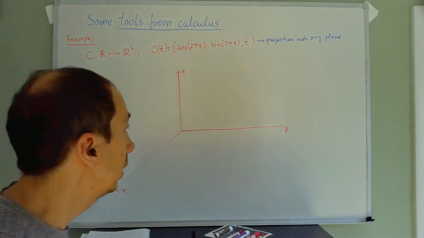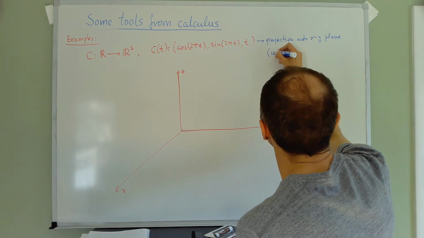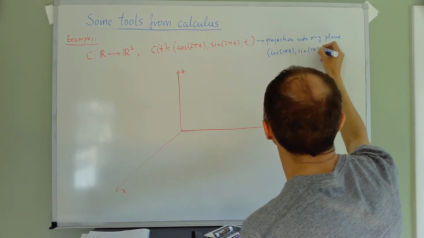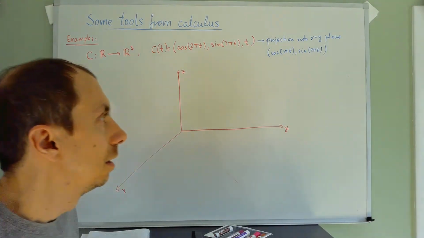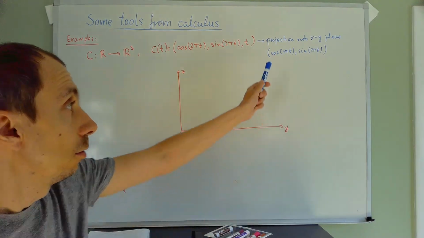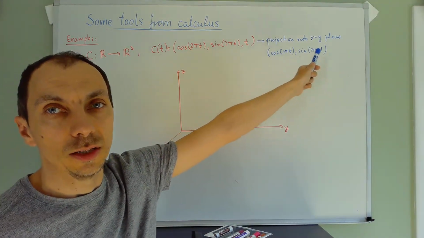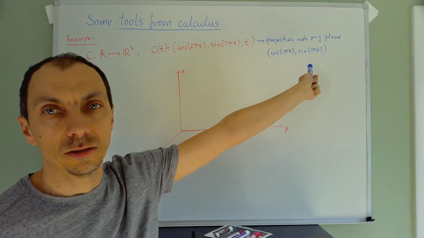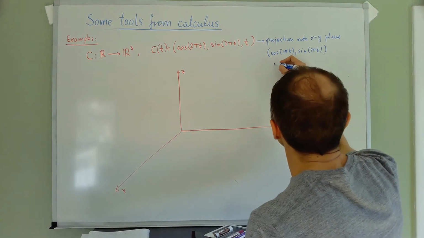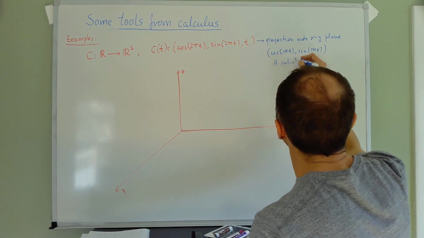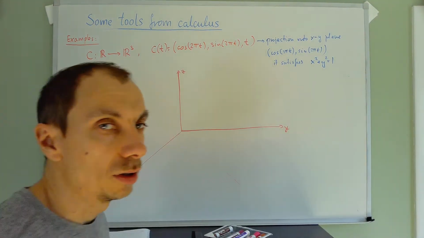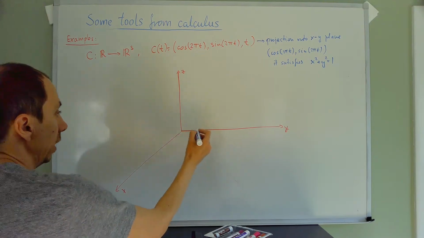In the xy plane, I just get the function (cosine 2 pi t, sine 2 pi t). You may want to think about what this is in the xy plane. Note that when I square the x coordinate and square the y coordinate, I get cosine squared plus sine squared, which is 1. So it satisfies the equation x squared plus y squared equals 1. So that's a circle in the xy plane.